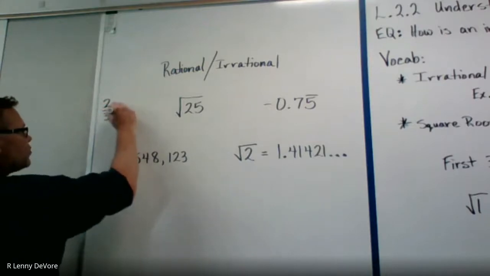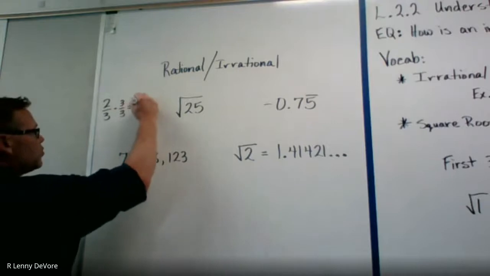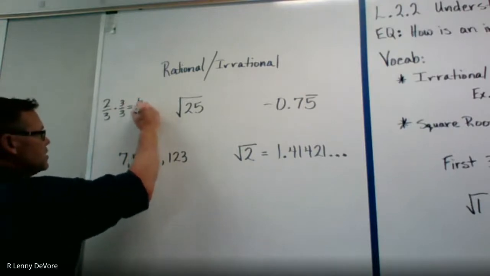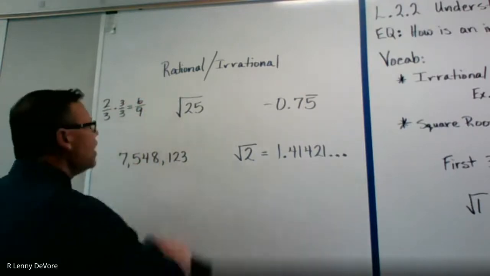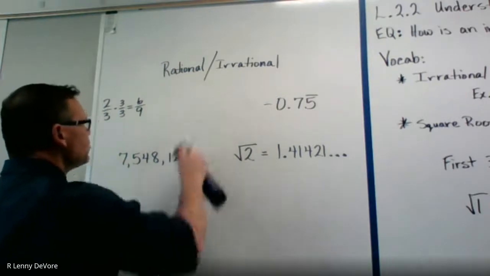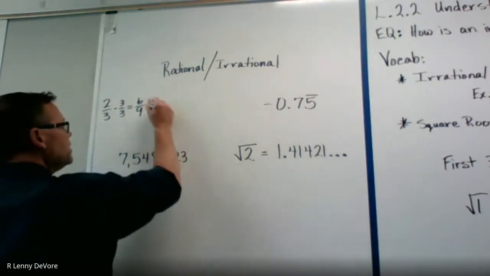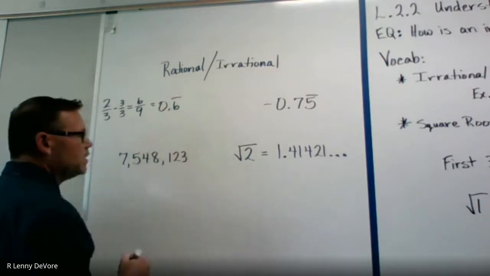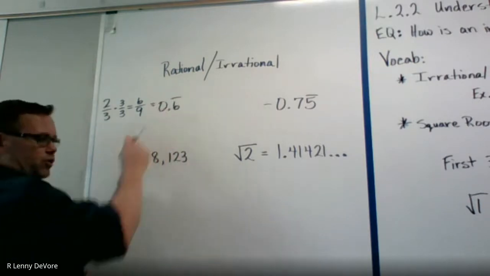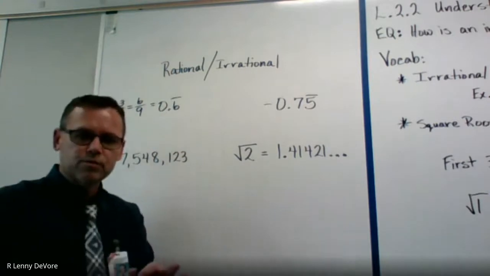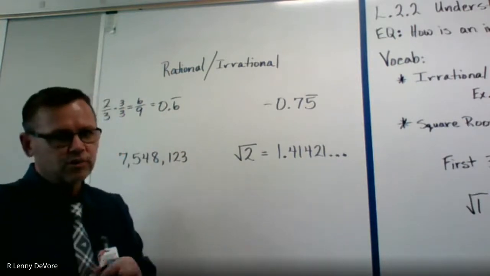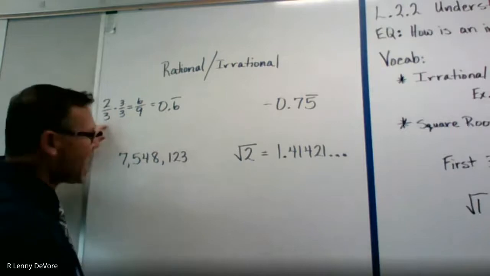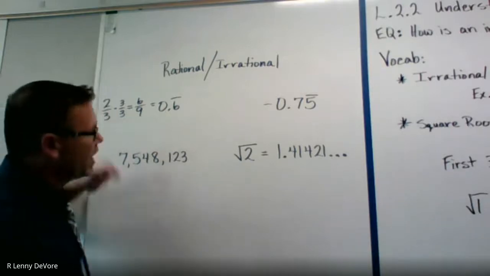If I can multiply this by something to make 9, in other words, 6/9, then I know that this is a repeating decimal. In other words, it equals 0.6 repeating. That is a rational number. Anytime we have something that's a repeating decimal, it's a rational number. We just proved it can go exactly into a fraction.